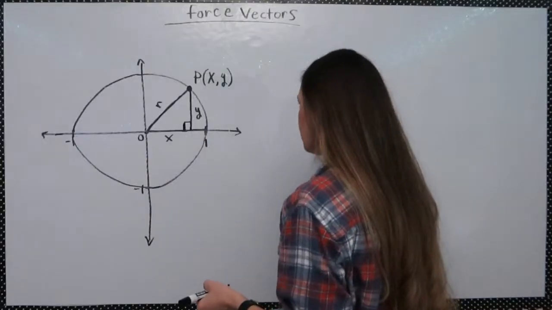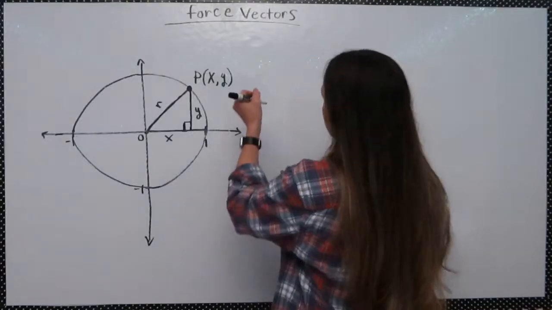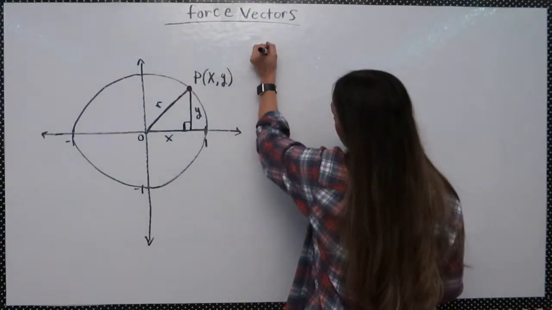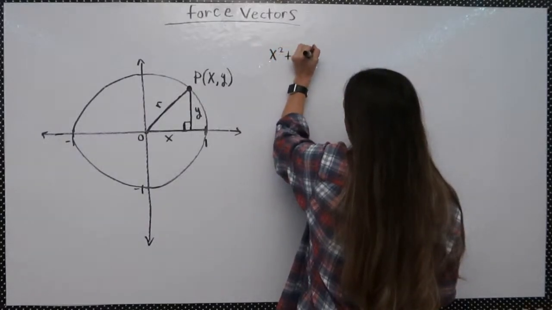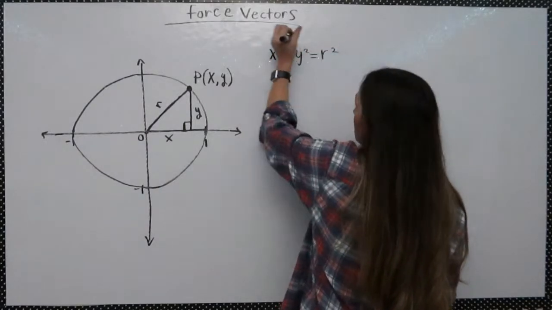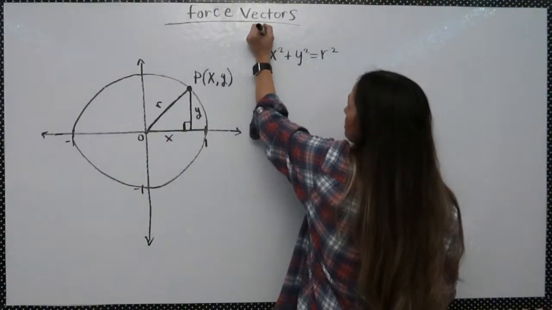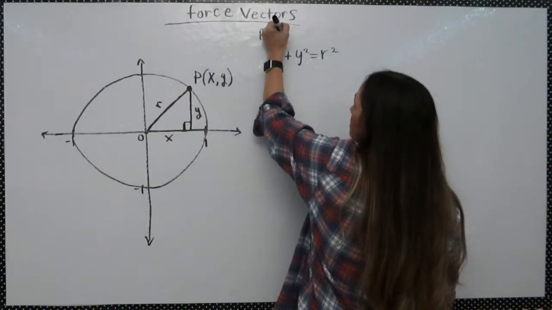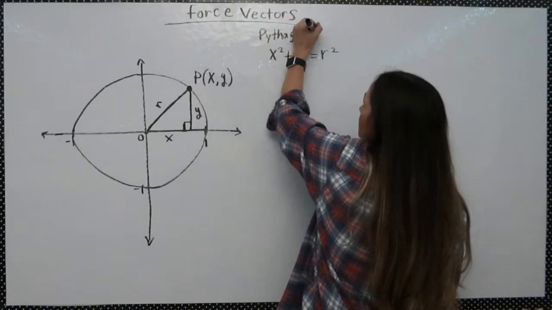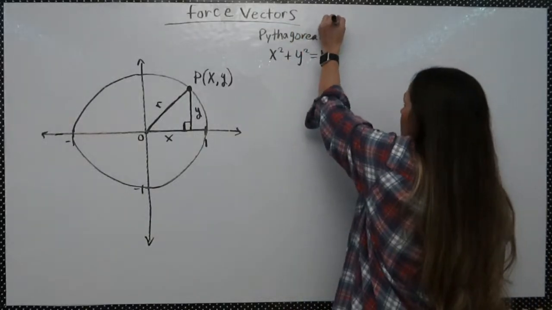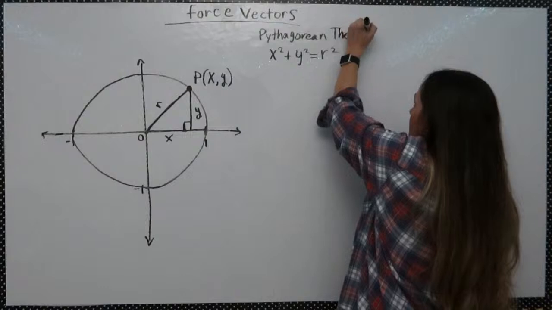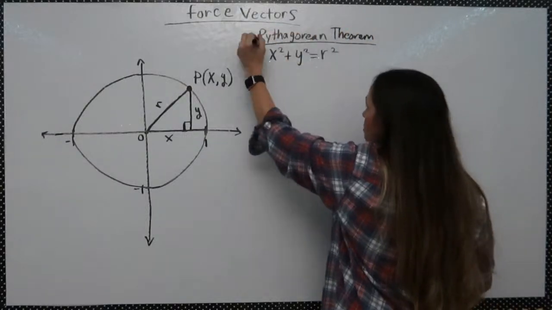So by the Pythagorean theorem, we have x squared plus y squared equals r squared. Okay, and so that's kind of where it starts.